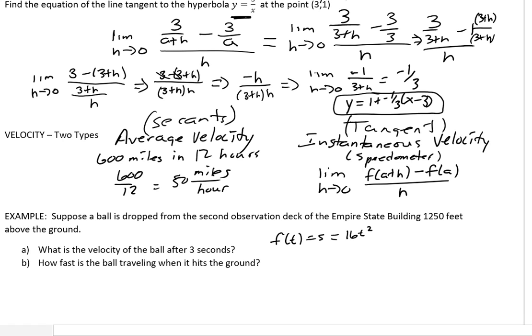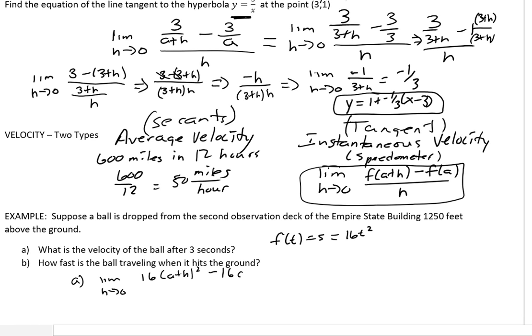Okay. So if we want to find the velocity, we have to take the limit as h approaches 0 of f of a plus h minus f of a over h, this formula here. So it'd be 16 times a plus h squared minus 16 a squared all over h.